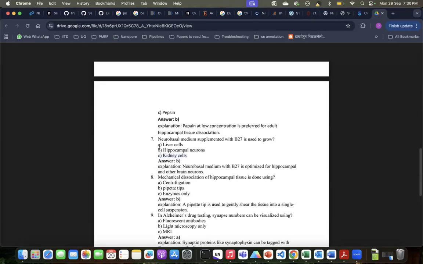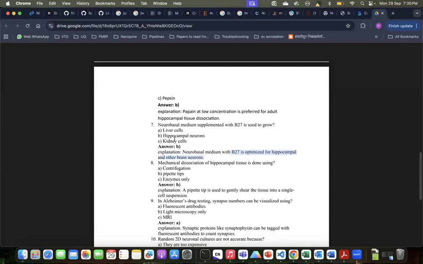In this case it's for hippocampal neurons, but it's optimized for hippocampal and other brain neurons, so neurons in general. Neurobasal is for embryonic, Neurobasal A is more for adult. Mechanical dissociation of the hippocampal tissue is done using pipettes. You're just pipetting up and down, but it needs to be gentle. It doesn't have to be harsh pipetting.